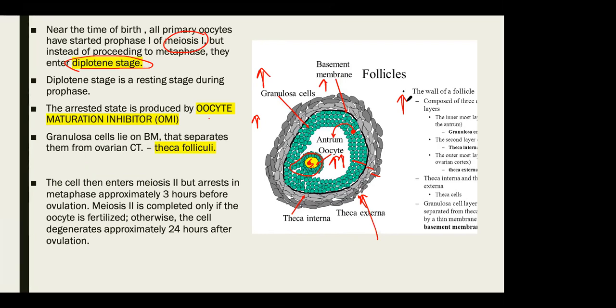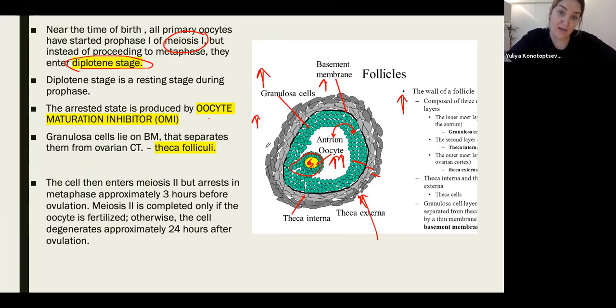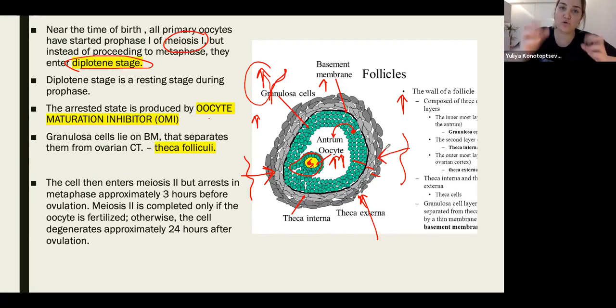In the connective tissue of the ovary, I have smooth muscle cells. I have one smooth muscle cell here, one here. If prostaglandins are rising, that means that these smooth muscle cells are starting to contract. Now imagine if they're contracting, what are they doing? They're exerting external pressure onto your follicle.